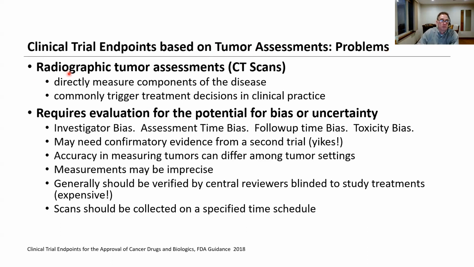So tumor assessments come from radiologic tumor assessments or CT scans, right? So these directly measure components of the disease. In this case, they measure the size of certain tumors, right? And this is good because those size changes commonly trigger treatment effects or treatment decisions in clinical practice.